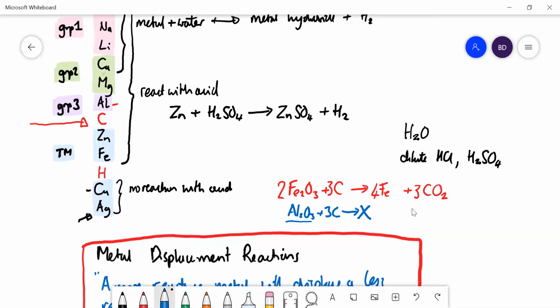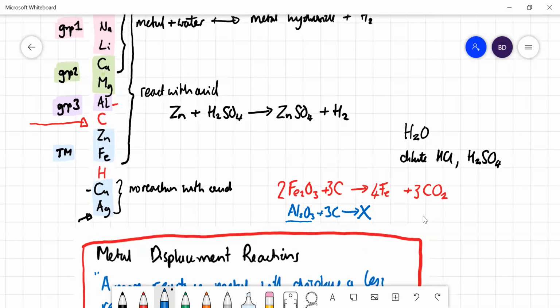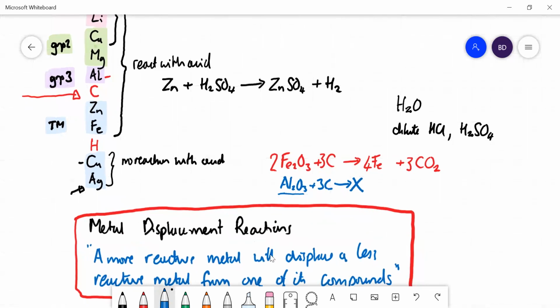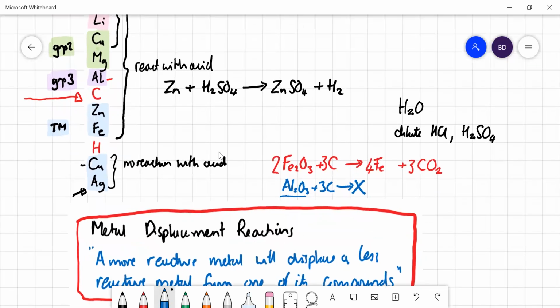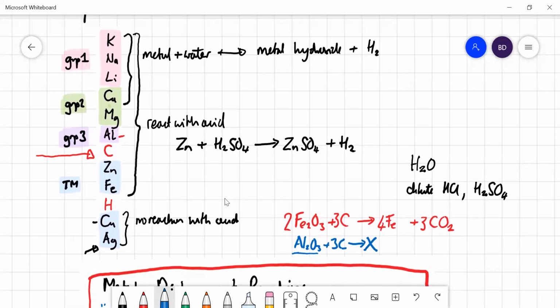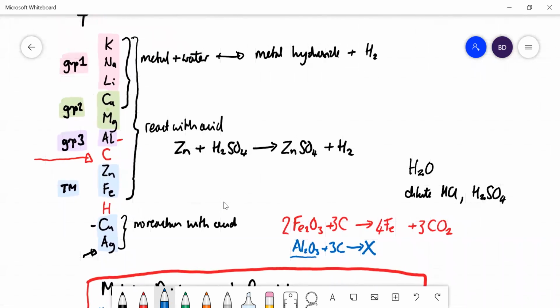If you want to get aluminium, you've got to use electrolysis, and that makes aluminium quite an expensive metal. So if you want to extract any metal from its oxide with carbon, it's got to be below carbon in the reactivity series. So zinc, iron, copper, and silver, yes; sodium, potassium, and so on, you can't extract them in that way.